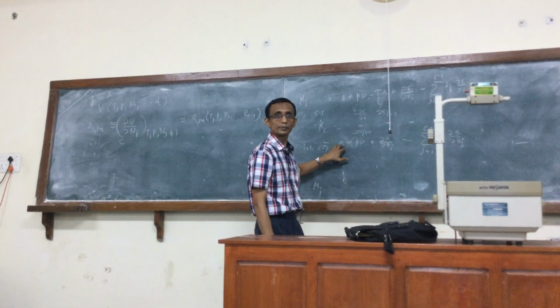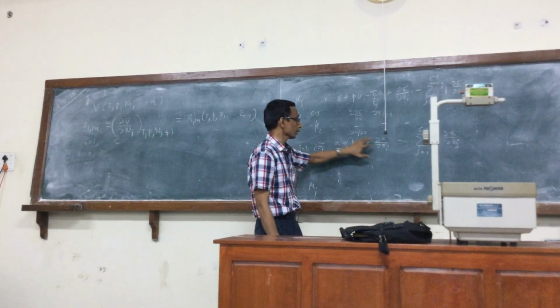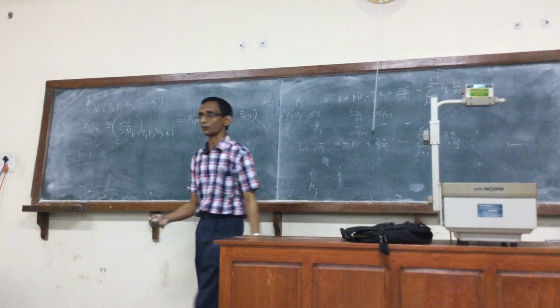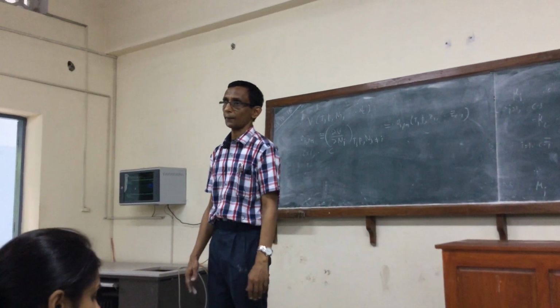A is of course the variable itself. P can be obtained from A. V is a natural variable for A. Everything else can be obtained from A. That is another way of writing it.